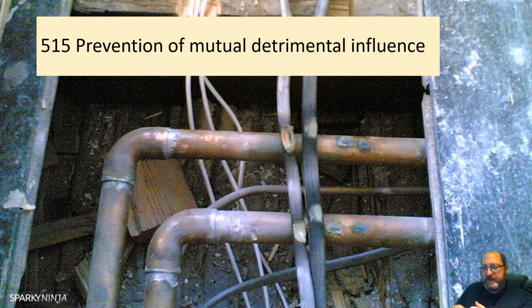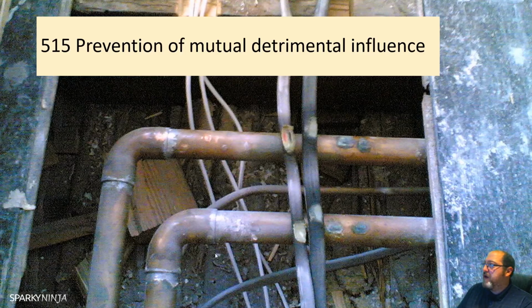If you have a cooker or a boiler in the same room in a kitchen with a large fan, there could be gas spillage. So there are restrictions in the appliance standards and in the building regulations with regards to the litres per second for direct extract, but again, that's outside of the scope of the wiring regulations, but it can create a detrimental influence if we don't consider it and we don't design it properly.